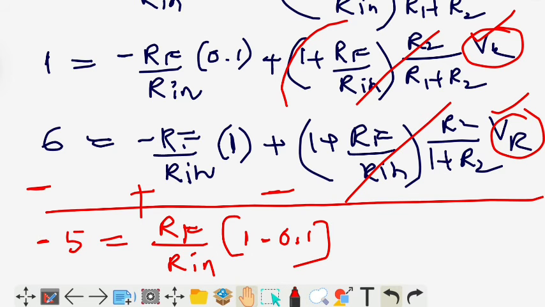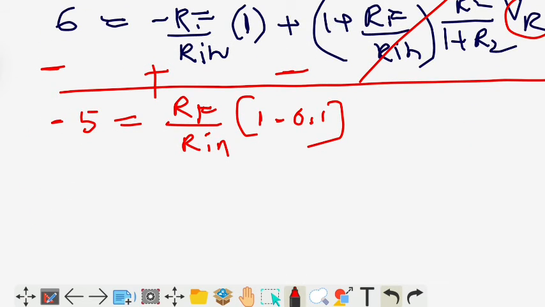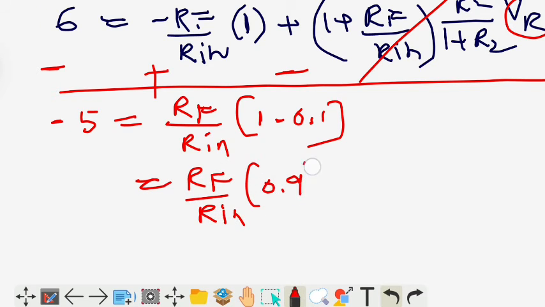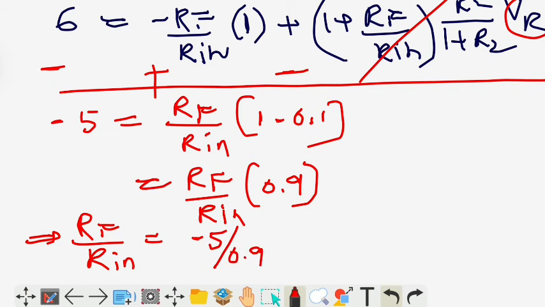So what is Rf by Rin now? It becomes Rf by Rin into 0.9. Then Rf by Rin is minus 5 by 0.9, that is nothing but 50 by 9, that is minus 5.55.